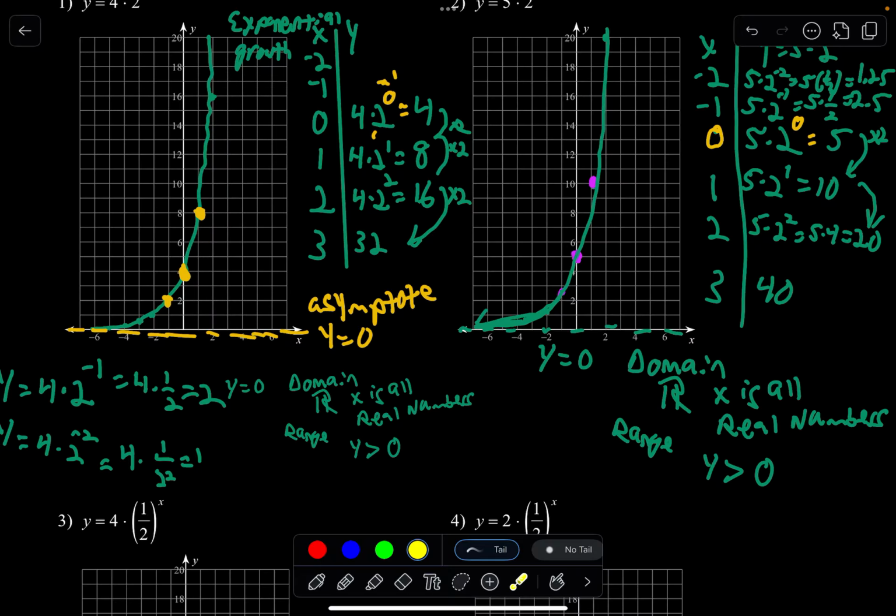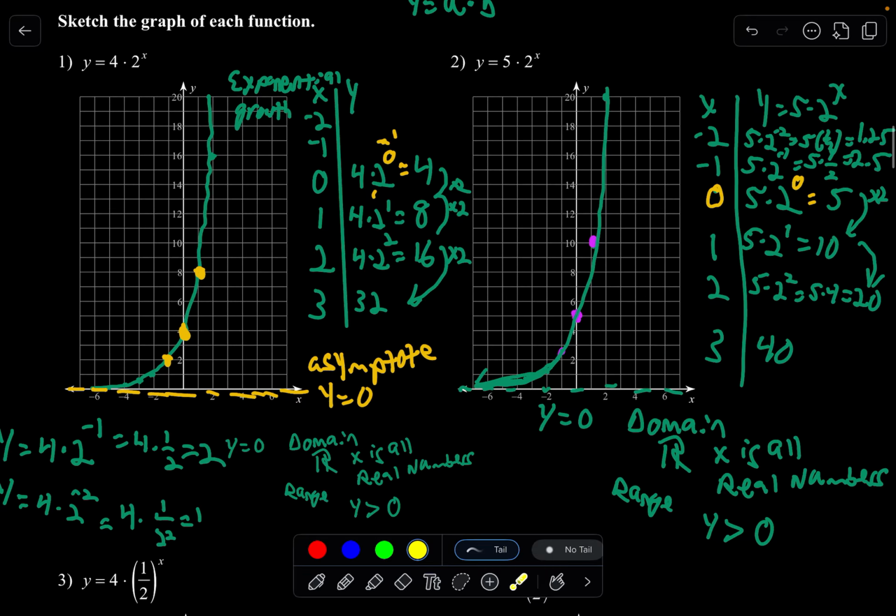It's growing. We call that exponential growth. They are both exponential growth, and that is because the base of this exponential is greater than 1. In other words, b equals 2 for both of these. Because b equals 2 and 2 is greater than 1, it is exponential growth.